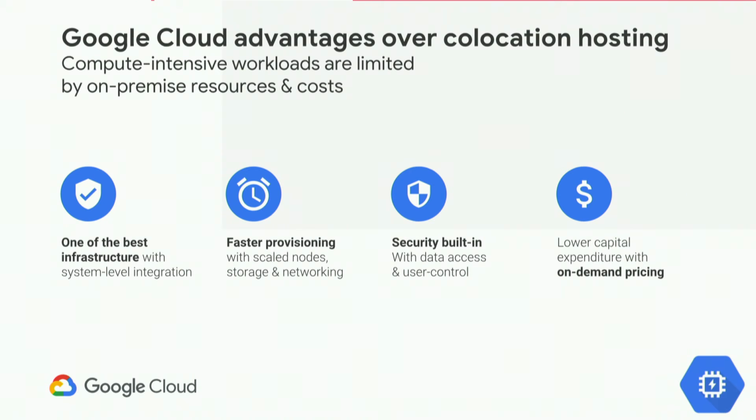Large-scale compute, some of the biggest networks, fiber optic backbone, great data center networks, high-end security, high-performance storage. Fast provisioning. I showed you a demo earlier where you can create a cluster, put in one VM, change the number to 1,000, and a few minutes later, there you go, supercomputer.